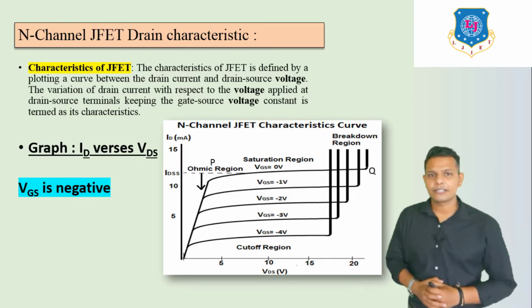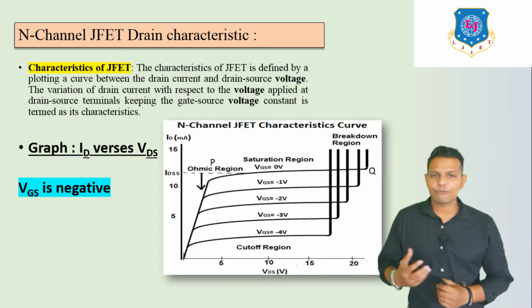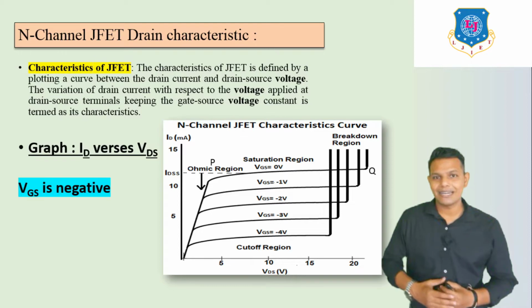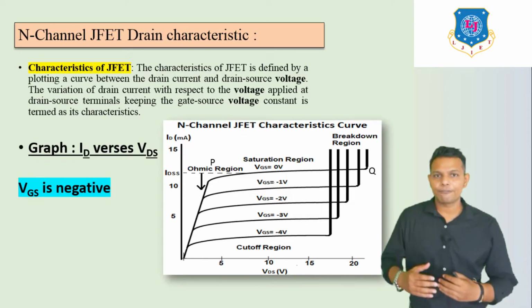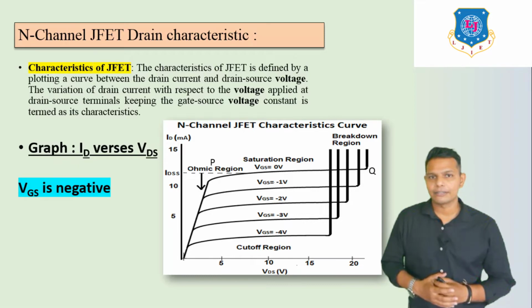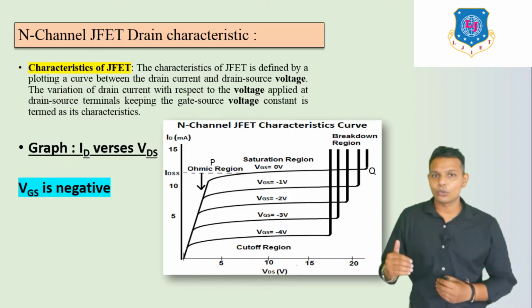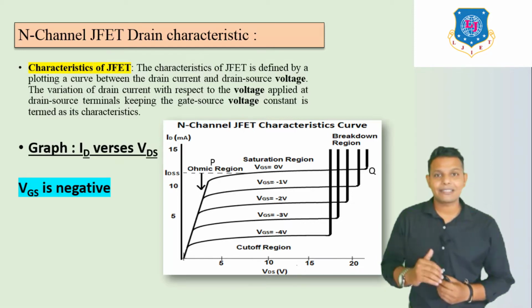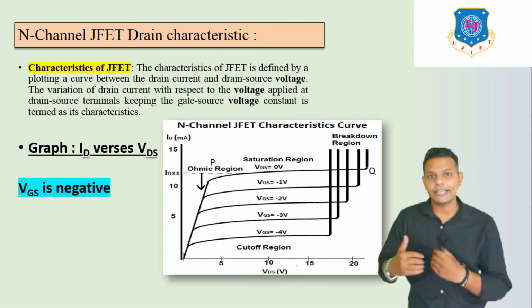Let us start. First, if we apply VGS equal to 0, as we discussed in our previous lecture, if we short the two terminals, gate terminal and source terminal, that is also equivalent to VGS equal to 0. At this time the depletion region is not penetrated in the N channel.